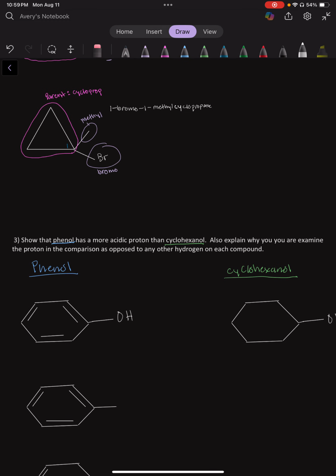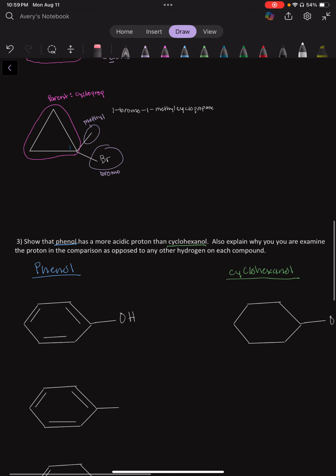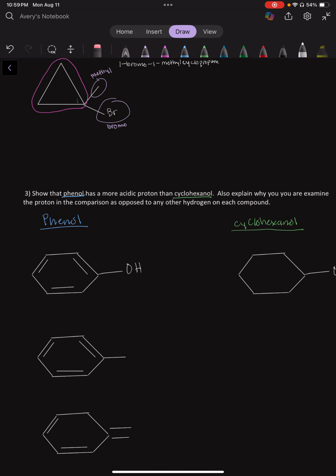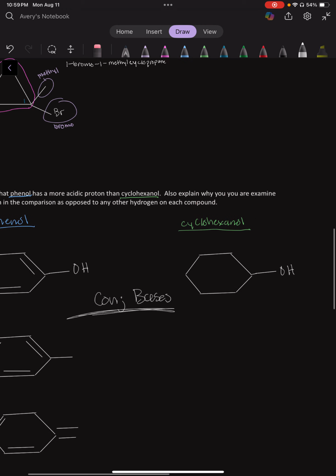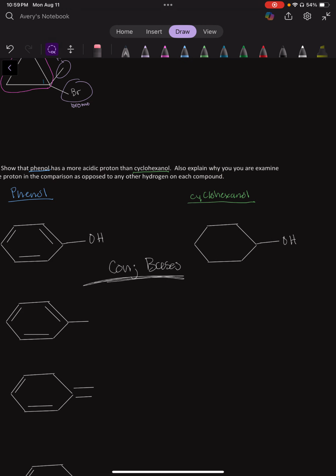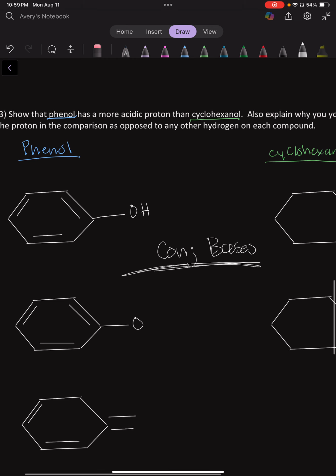Now, since we are examining the acidity of these molecules, we need to look at the conjugate bases. For the conjugate bases, we now have molecules that look like this.